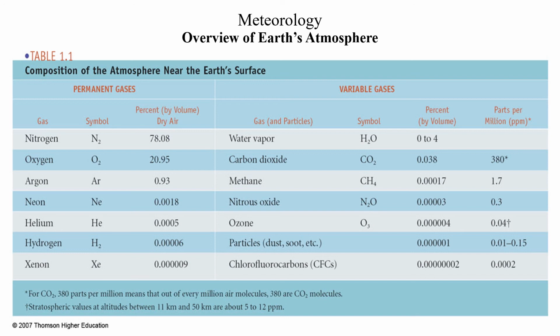There are also tiny amounts of variable gases: carbon monoxide, sulfur dioxide, nitrogen oxide, and various hydrocarbons. Another variable gas is CFC, chlorofluorocarbon, which we do not produce right now because we stopped it. It's an aerosol that we used to use in refrigerators. So this is the overview of the composition of the atmosphere near the Earth's surface.